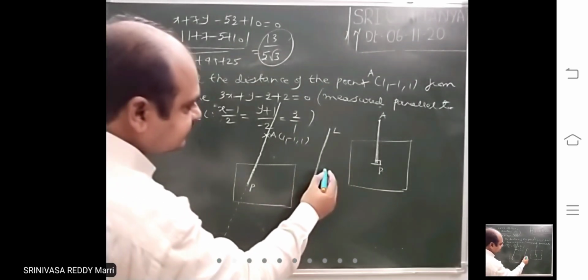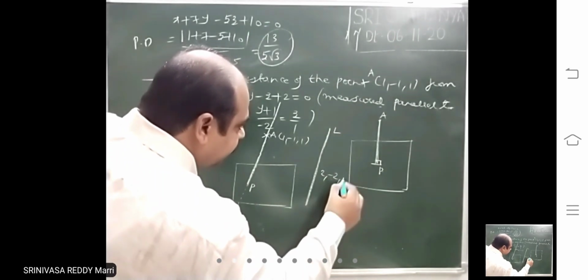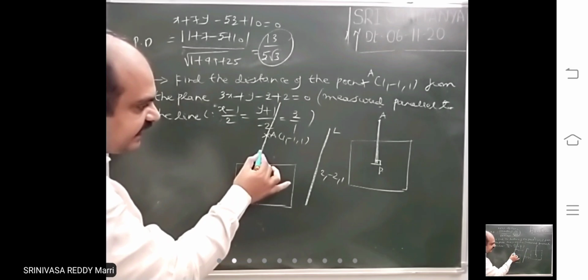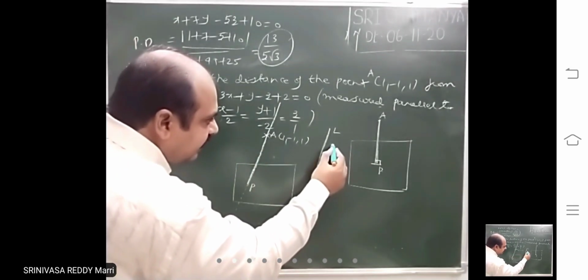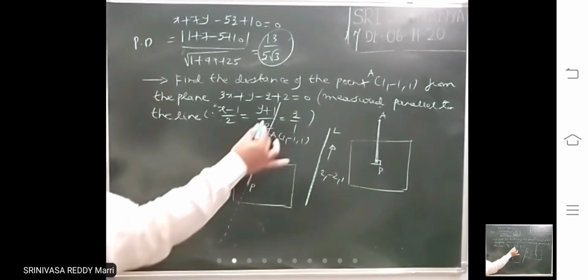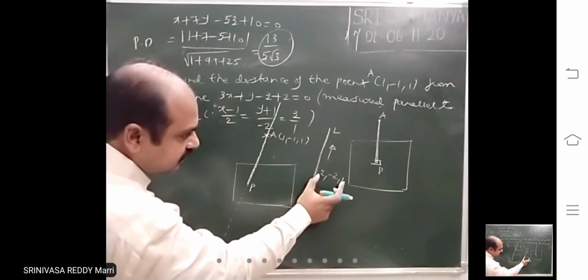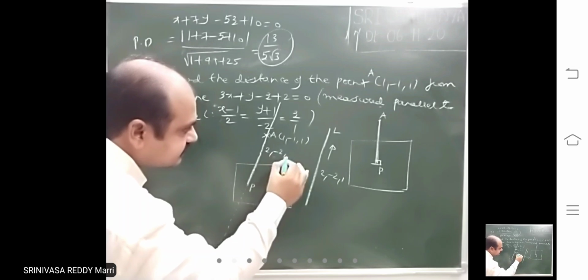That means this has DRs 2 minus 2 1. This line is parallel to that, so this line will also have the same direction. Parallel line means the same direction, so take the same DRs.